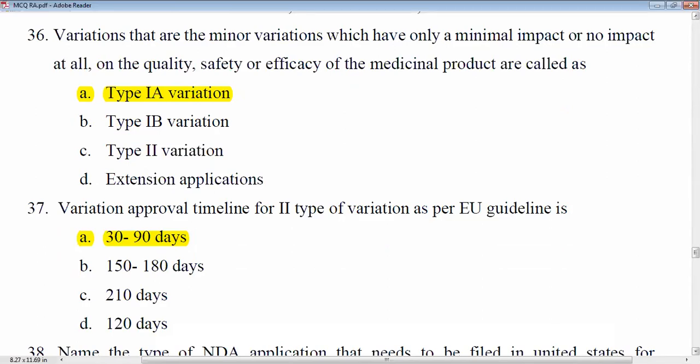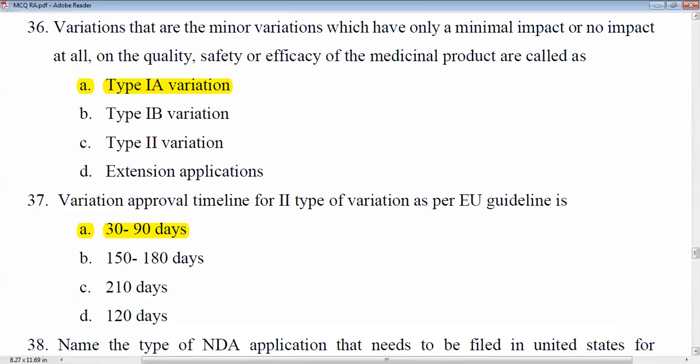So the correct answer is type 1A variation.